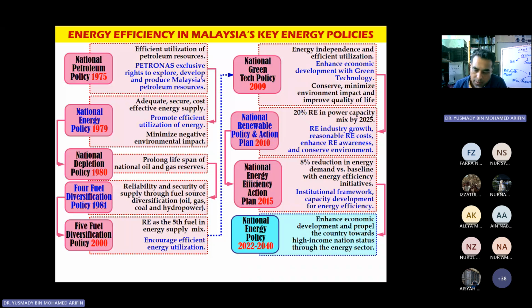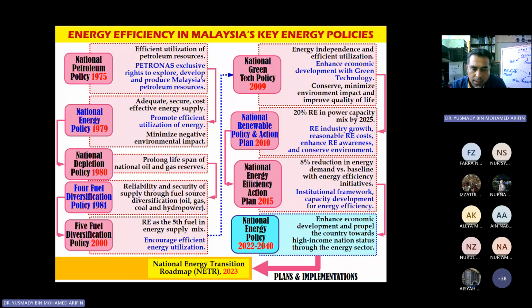In order to implement the policy, there are a few plans and implementations, for example, the National Energy Transition Roadmap NETR 2023, and also the Green Technology Master Plan 2017 up to 2030.